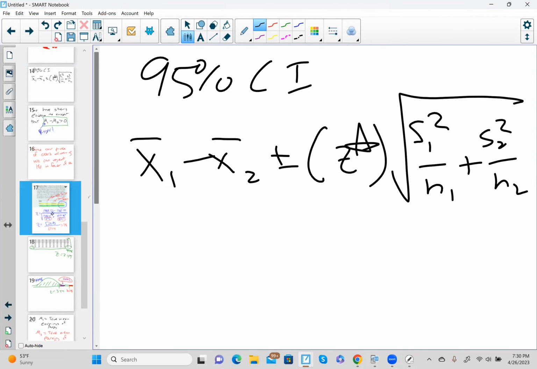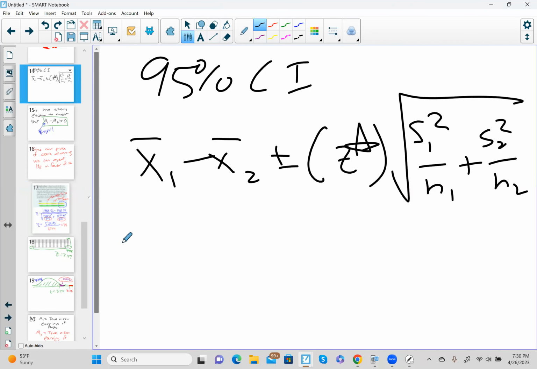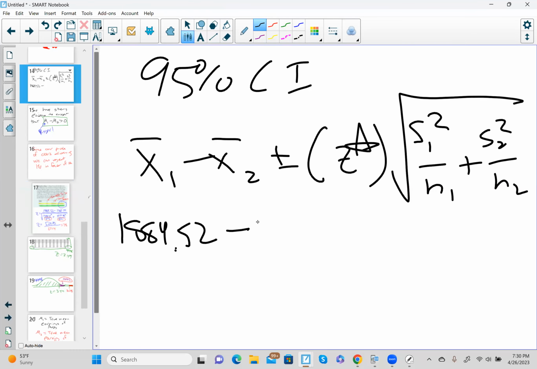So X bar 1 is 1884.52. So this is going to be 1884.52 minus X bar 2, 1360.39, plus or minus Z star. Now we already looked that up before.